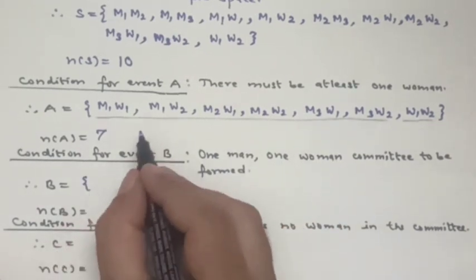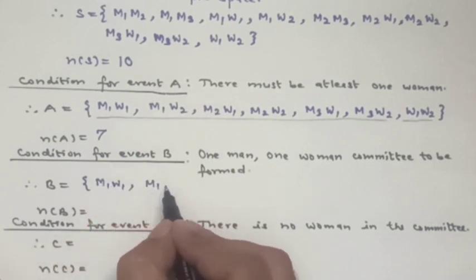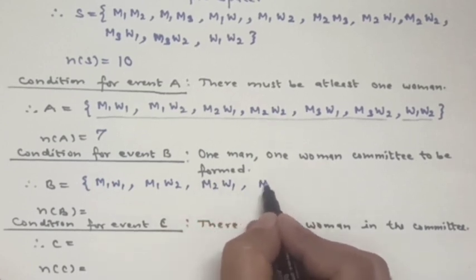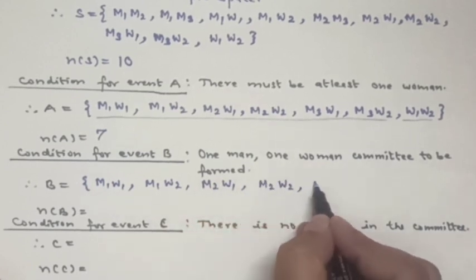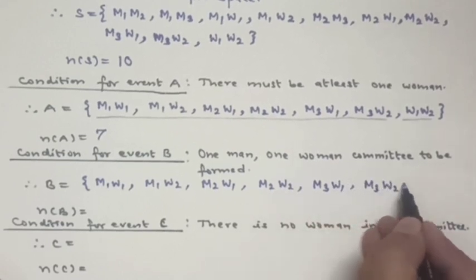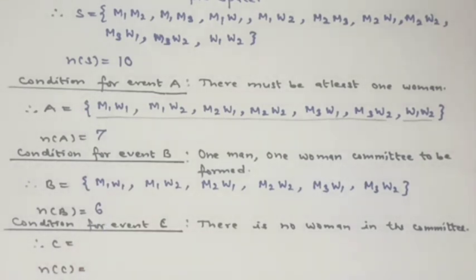So this first one, M1 W1, M1 W2, M2 W1, M2 W2, M3 W1, M3 W2. Total 6. So NB is 6.